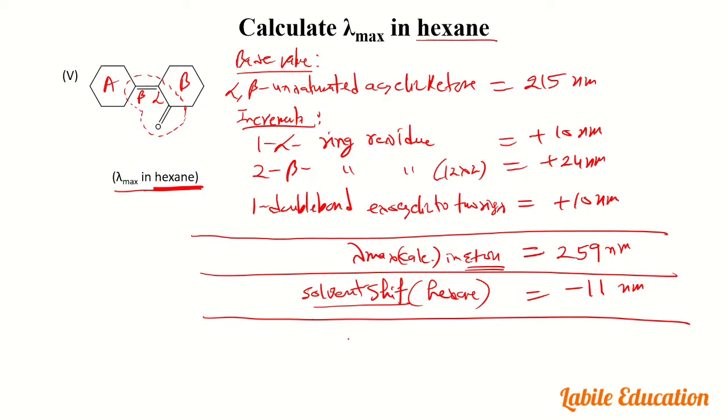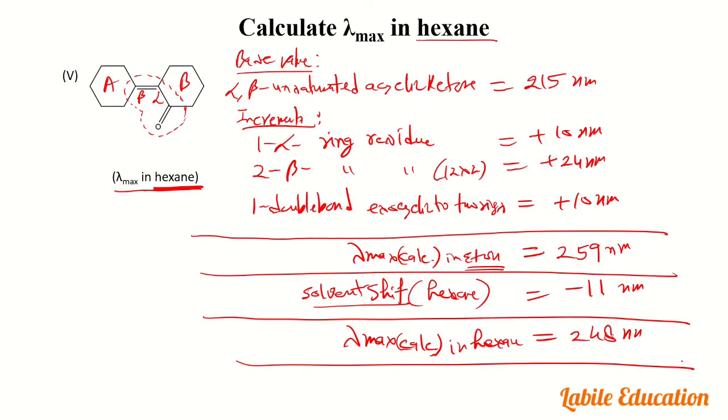So now this lambda max calculated in hexane will be total 248 nanometer. So this is the lambda max in hexane. So we can calculate lambda max in different solvents.